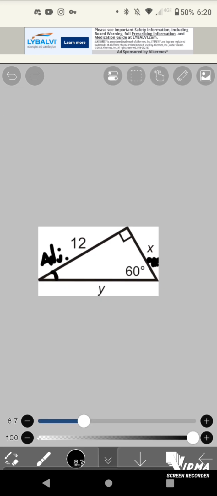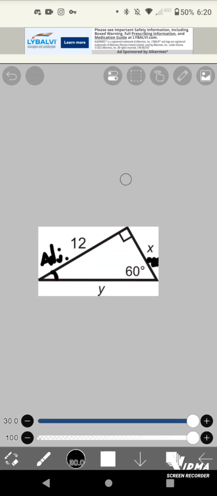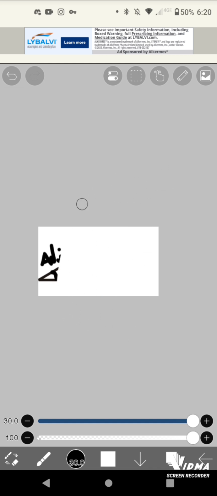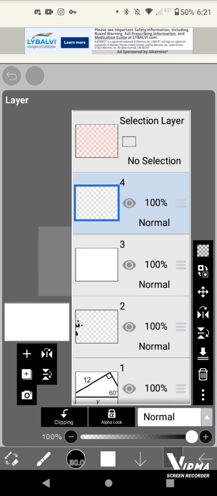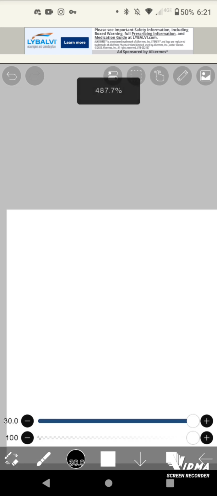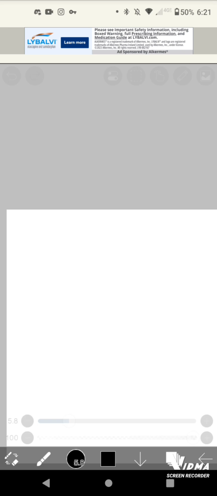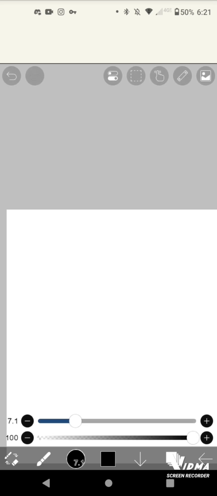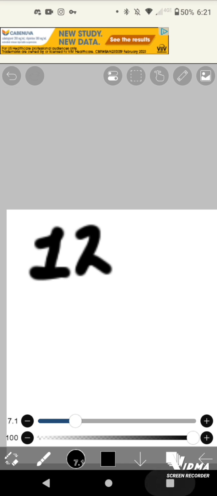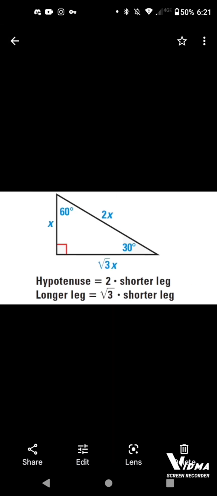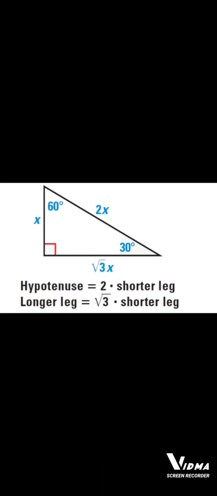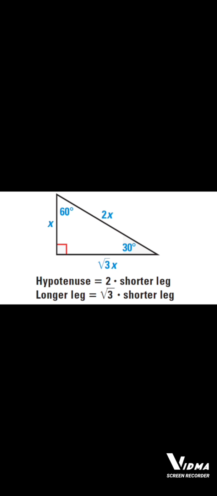Well, we have to remember our 30, 60, 90 triangle rules. Unlike the 45, 45, 90, there's different rules for each side. So we're given the leg opposite at 12. And let me double check here. As it says here, the hypotenuse is 2 times the shorter leg, and the longer leg is square root 3 times the shorter leg.